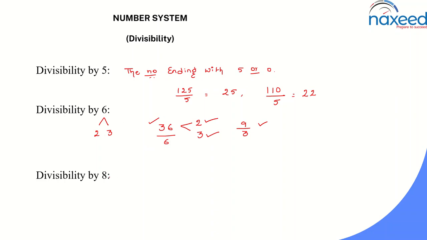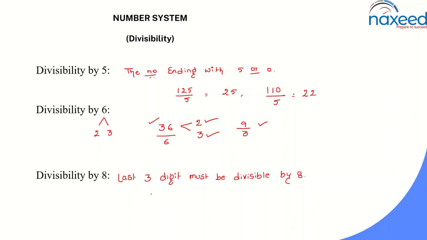Divisible by 8. It is the same as 4, but in 4, we took the last 2 digits. But in case of divisibility by 8, we must take the last 3 digits. Last 3 digits must be divisible by 8. Then only such numbers are divisible by 8.